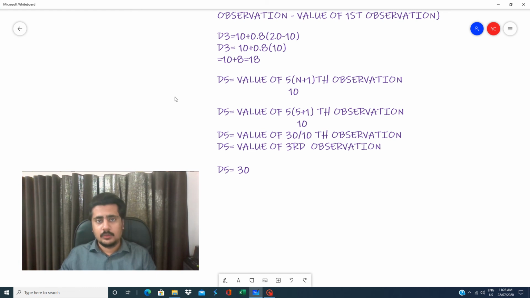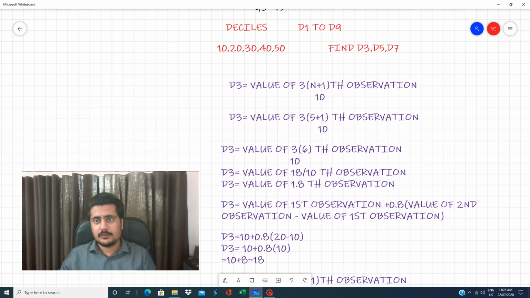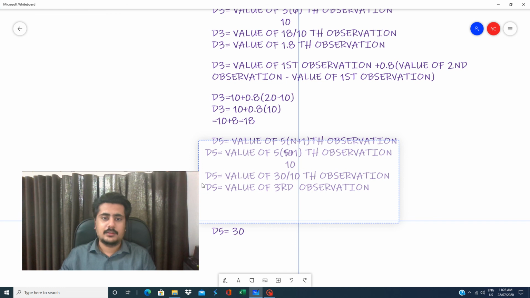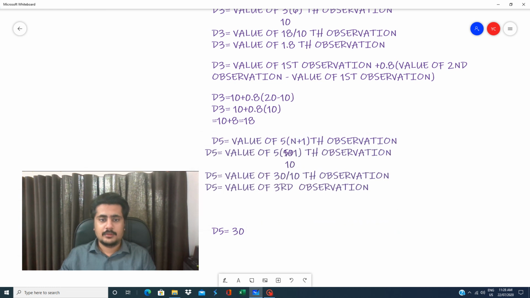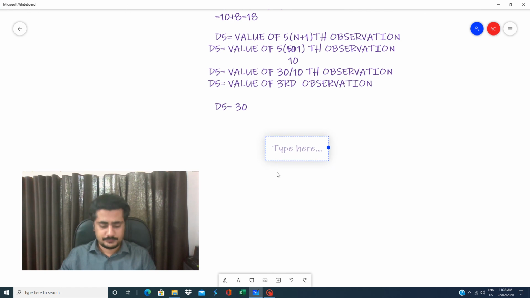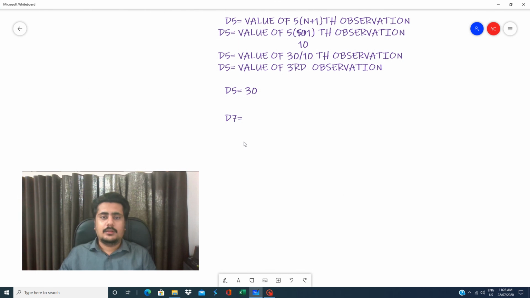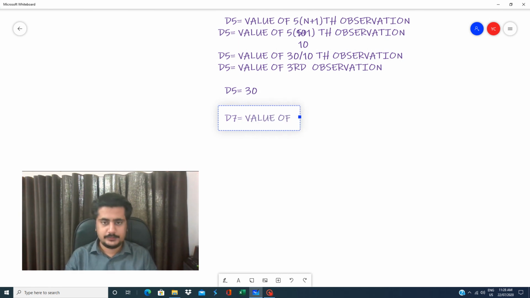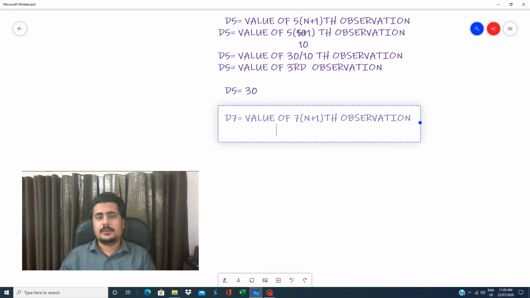Okay. Now next, what do we need to find? We need to find D7. So let us find D7. How will I solve D7? D7 will be value of 7 into n plus 1 upon 10th observation.